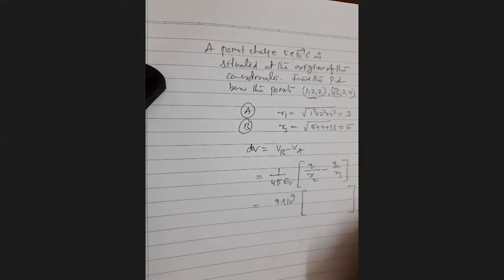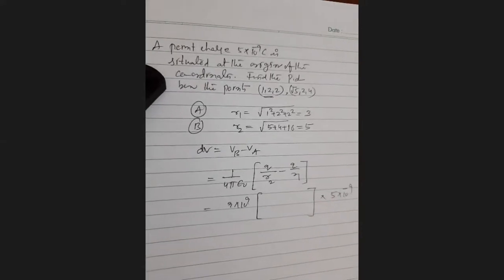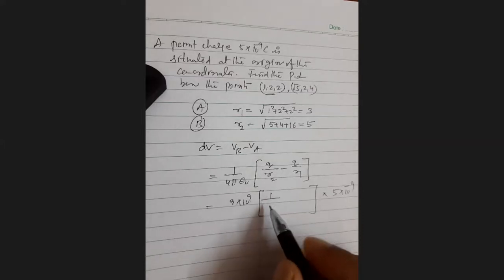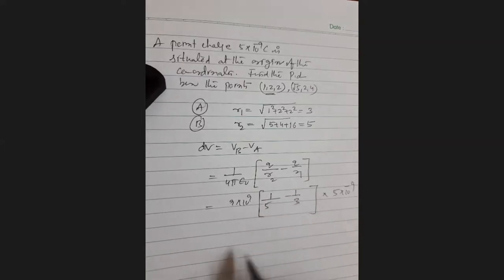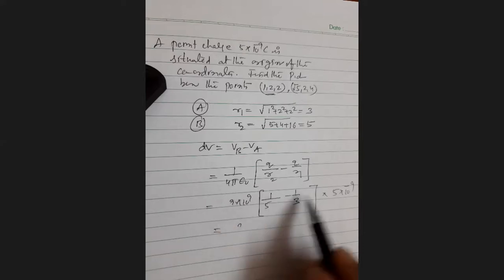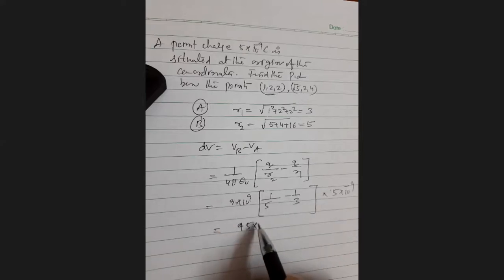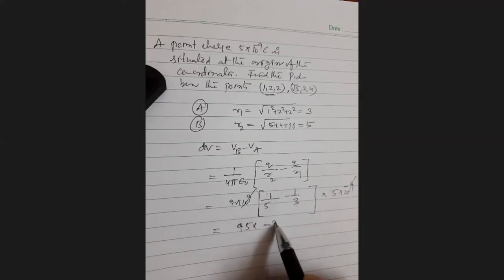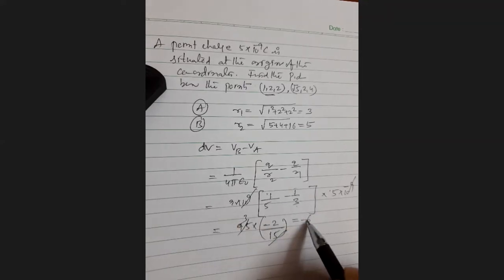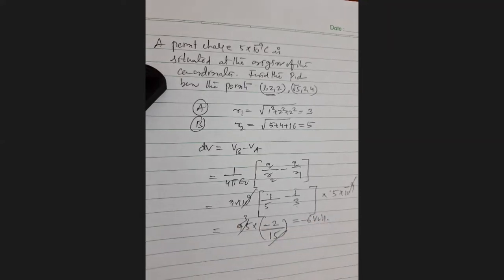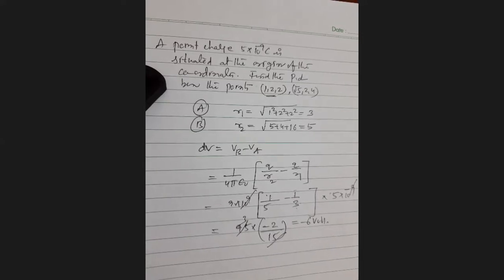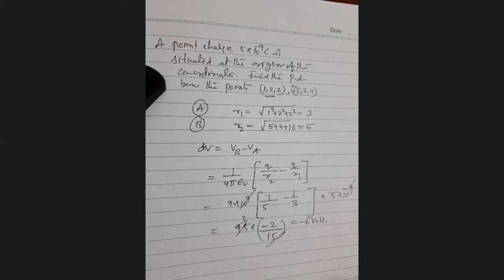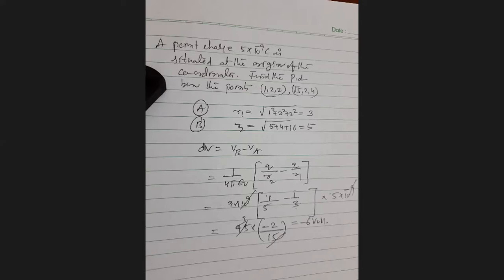That is 5 into 10 power minus 9, times 1 by R2, 1 by 5 minus 1 by R1, equal to 9 into 5, 45, 10 power 9, 10 power minus 9 cancel. Then 3 minus 5, minus 2 by 15, 15 threes, equal to minus 6 volts. The potential difference between the points 1, 2, 2 and root 5, 2, 4 is minus 6 volts. Right.